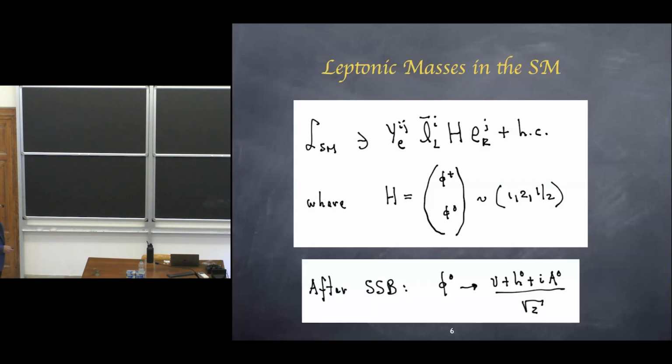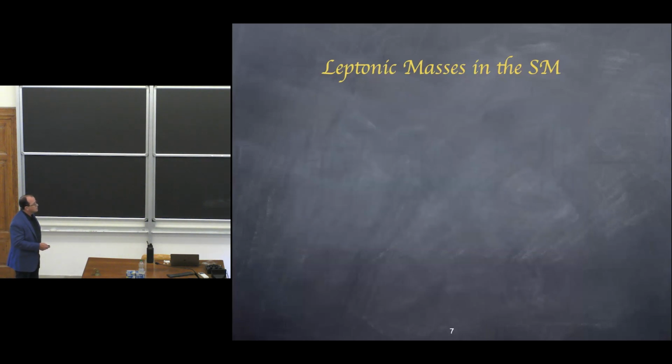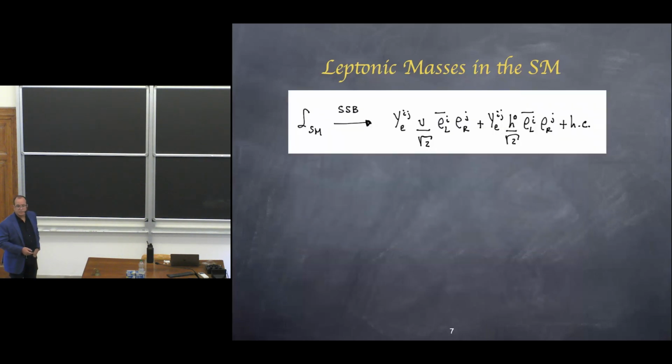Doing electroweak symmetry breaking, the neutral component of that field takes values very close to a constant field configuration that minimizes the Hamiltonian of the whole theory. You choose a very peculiar vacuum configuration and break the electroweak symmetry, and that is enough to get masses for everybody, for the charged leptons here.